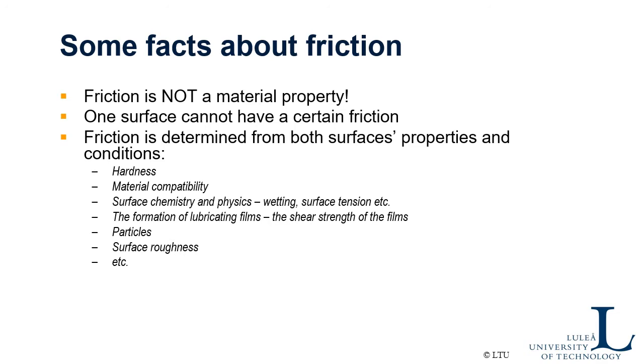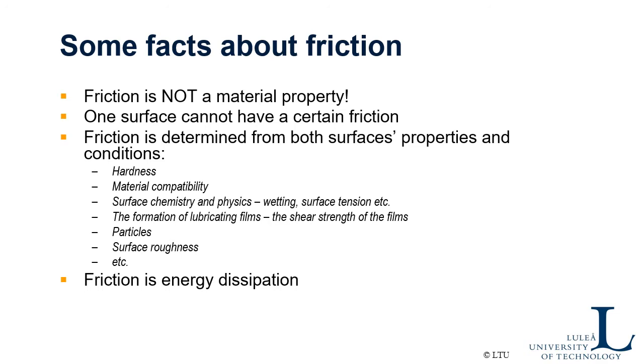Coming back to the ice spot, for example, if you put sand on the ice, the friction is much higher, and that's the reason why you put sand on the ice, in order to increase the friction, of course. And also the surface roughness on both surfaces could be important, not always important.